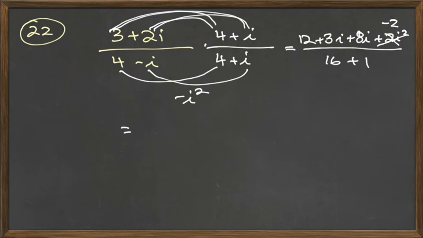Combining like terms, 12 minus 2 is 10, plus 11i all over 17.